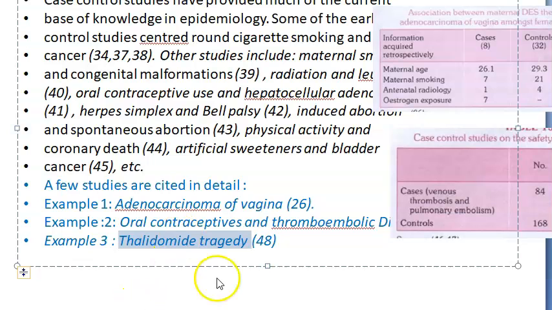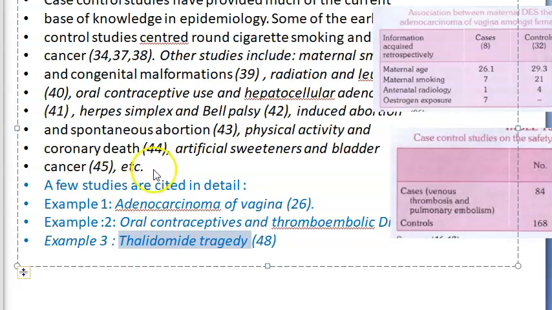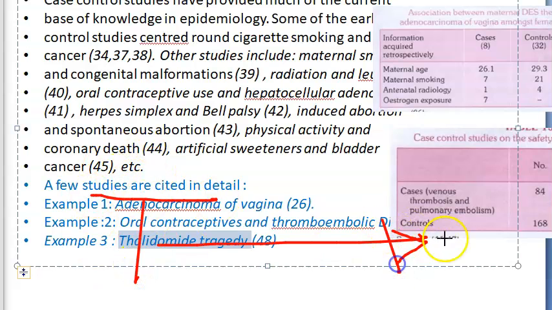Then thalidomide tragedy, guys. So here they are telling these people have the problem. Okay, they have the similar problem. Just check if the exposure was thalidomide, right? They're going backwards. So that becomes retrospective case control study. You should understand, you're not giving thalidomide to people and then waiting for the disease or some problem to happen. No. This is not what it says.